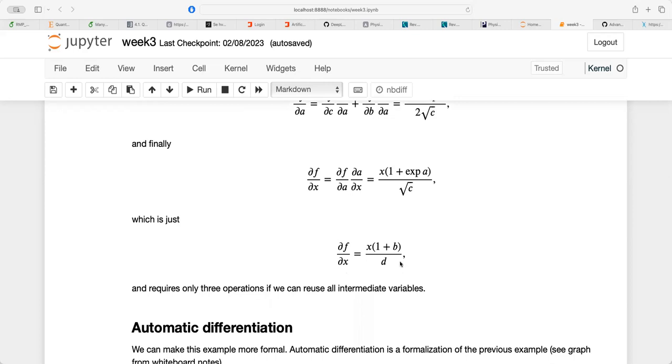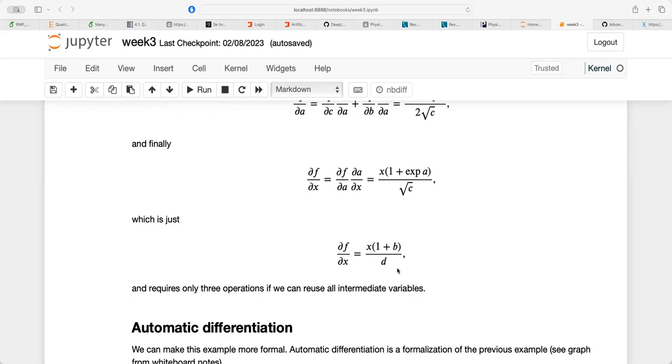Since I need b and d to evaluate the function itself, these are pre-calculated. So my derivative had, I think it was Marcus, right? Marcus, that's you, right? Yeah, okay. Marcus said that there were 10 operations which we needed to calculate the derivative.